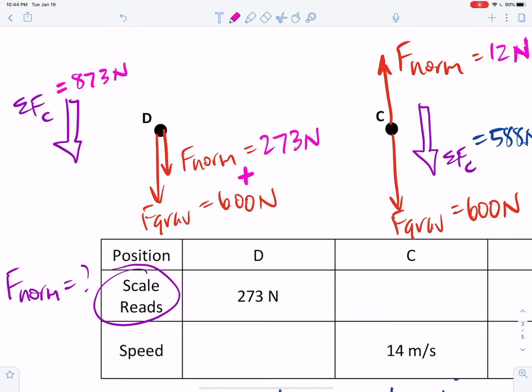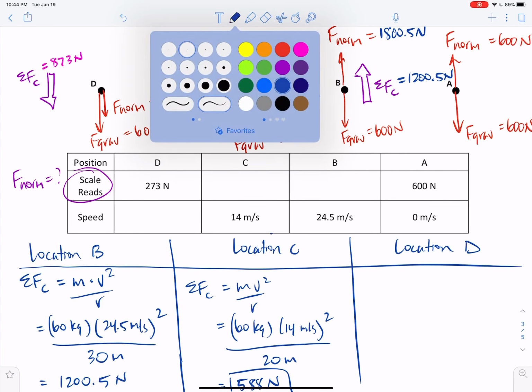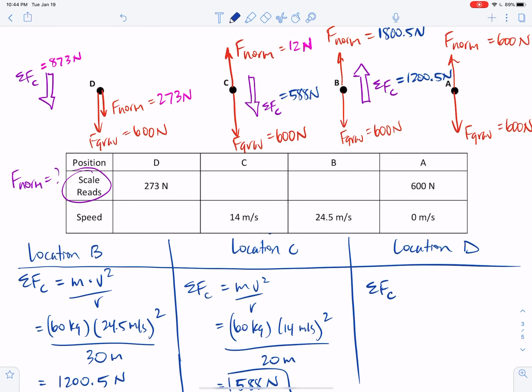I'm just adding those two, 273 and 600. So now I'm getting my centripetal force from the picture, not from my mv squared over r. So the sum of the forces in the centripetal direction is just the normal force plus the force of gravity.